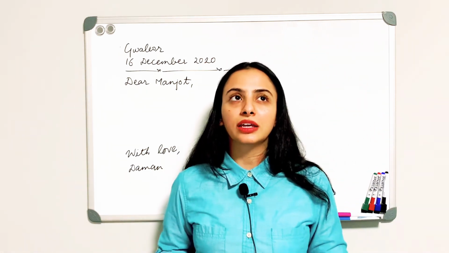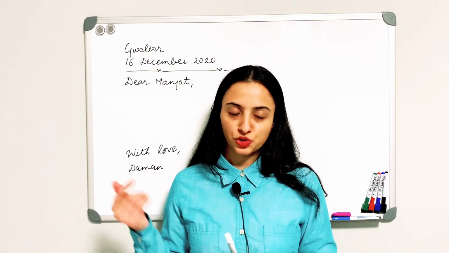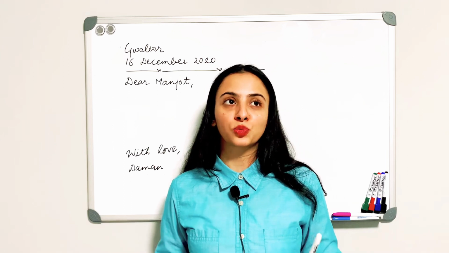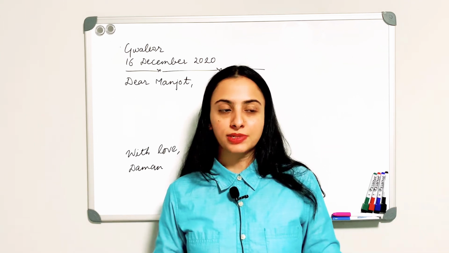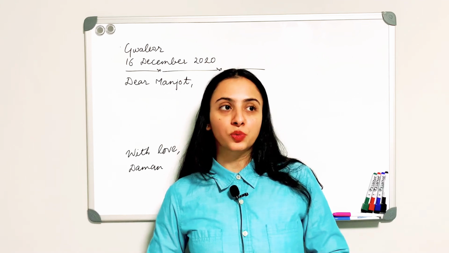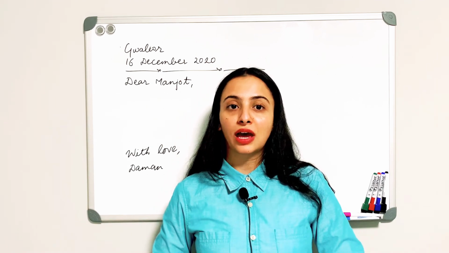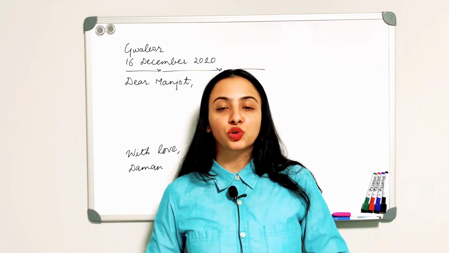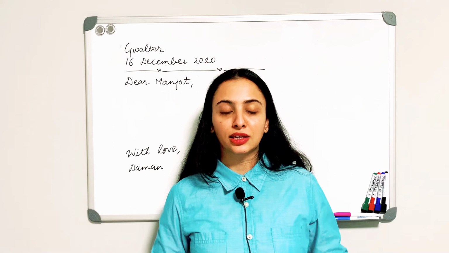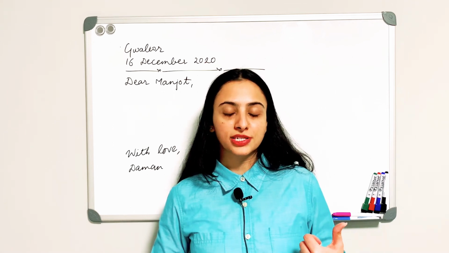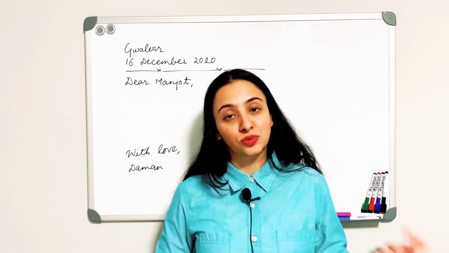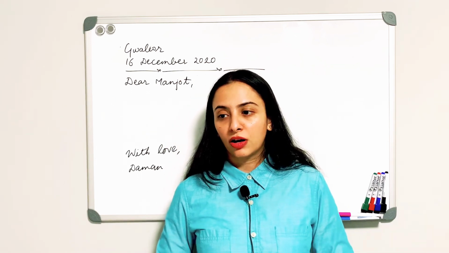Now, these are personal letters, right? There are also letters in which we seek some information from some of the authorities. It could be related to a place where you want to go, so you might want to ask the hotel manager something about the stay, or maybe if you're looking for some tourism packages, you might want to talk to the manager of the tourism industry or things like that.